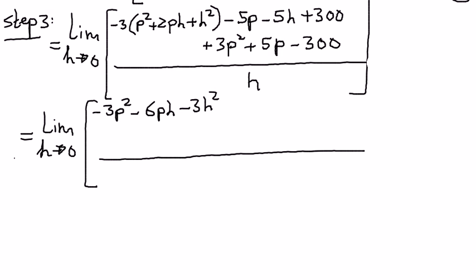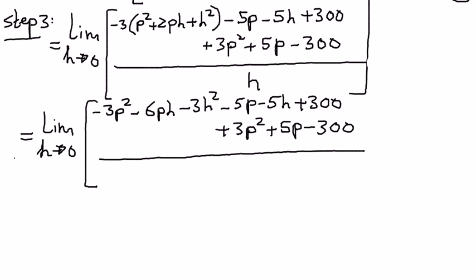All we did is distribute the negative 3 and write the rest of the terms in the numerator as is. Minus 5p minus 5h plus 300, and then plus 3p squared plus 5p minus 300, the whole thing divided by h.